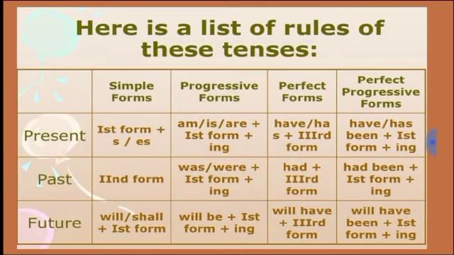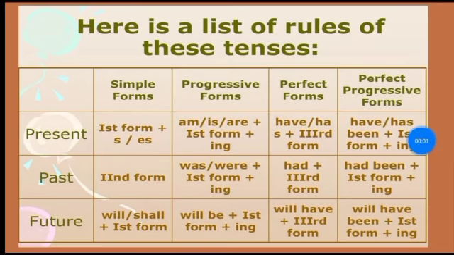Now, here is a list of rules, children, which you will have to follow while you are converting the sentences from simple past tense or simple present tense to progressive form or perfect form or perfect progressive form.